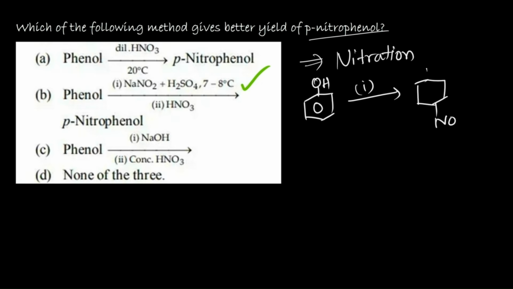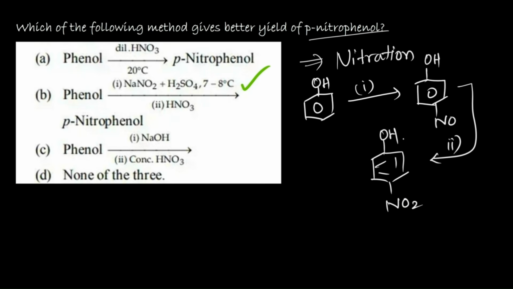The para position will be occupied by the NO group, followed by the second reagent, dilute HNO3, that will do the para position only. But in the first method, ortho and para substituted products are possible, since the phenol OH group is there, so ortho and para products can form.